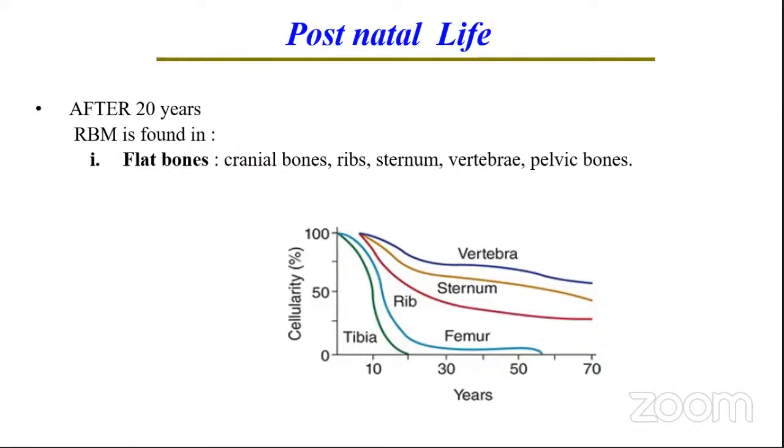As you can see in this diagram, in the later stage of life it is mainly the flat bones, also the upper ends of the long bones, the humerus and the femur. Only these are the sites after 20 years of age where you can see erythropoiesis occurring.